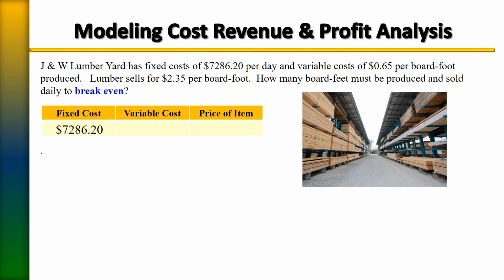Yes, that is what we consider to be our variable costs. It changes based on the number of items produced. So what is our variable costs? Well, we were told that we have a variable cost of 65 cents per board foot. So let's go ahead and put that in.